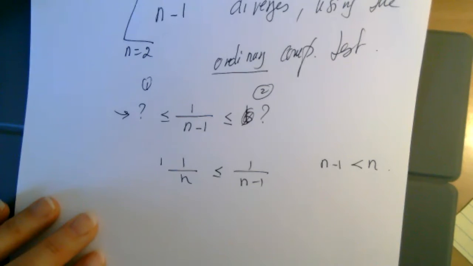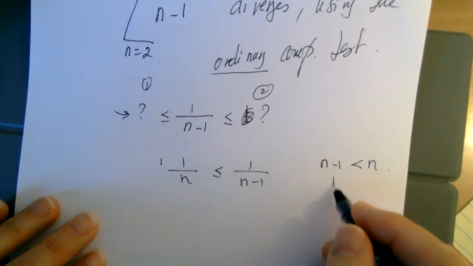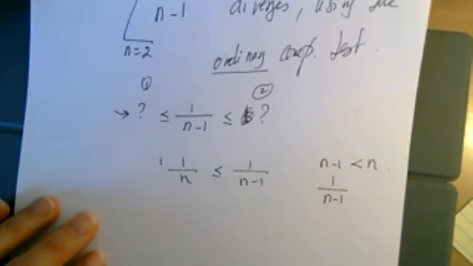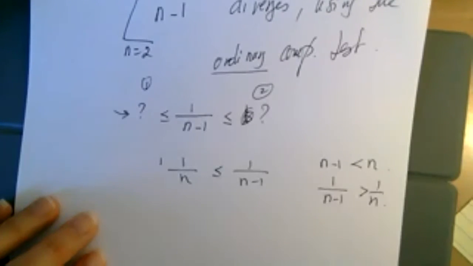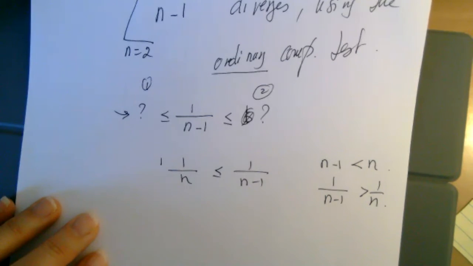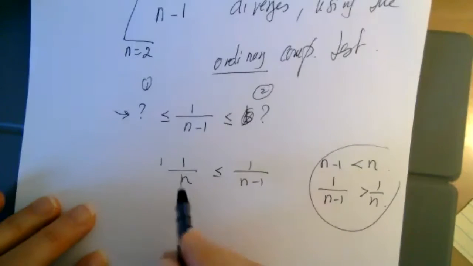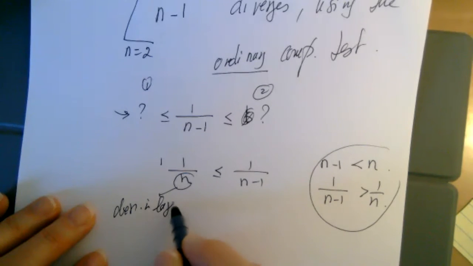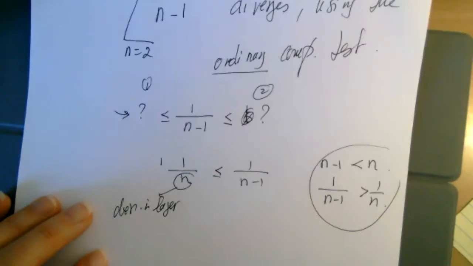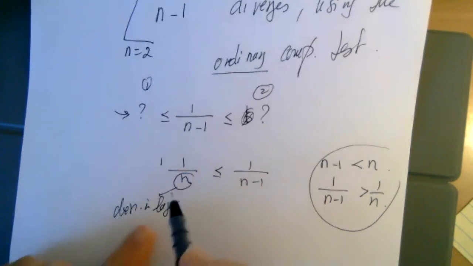Am I right? So when I flip them, what happened? 1 over n minus 1 is going to be larger than 1 over n. And Christian's telling me no. Okay, is it clear? That's what's happening. Since the denominator is larger, that's crucial. Denominator is larger, so 1 over it is less. Are you with me so far? That's why, because this is larger.